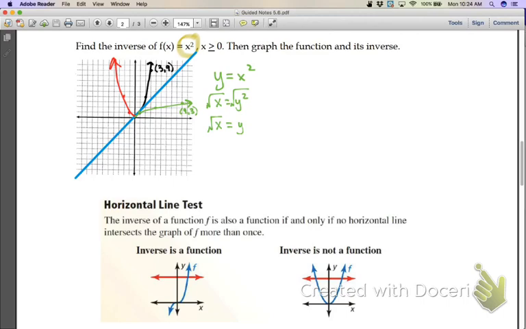Now, the last thing is the horizontal line test. The horizontal line test is a lot like the vertical line test, without having to actually redraw the new graph. You're used to the vertical line test, and it's the same thing, but instead, if you can draw a horizontal line and it only passes through one point of your original function, then the inverse is also going to be a function.